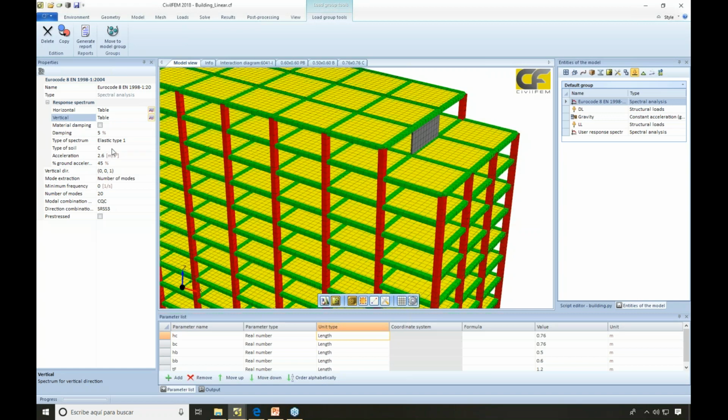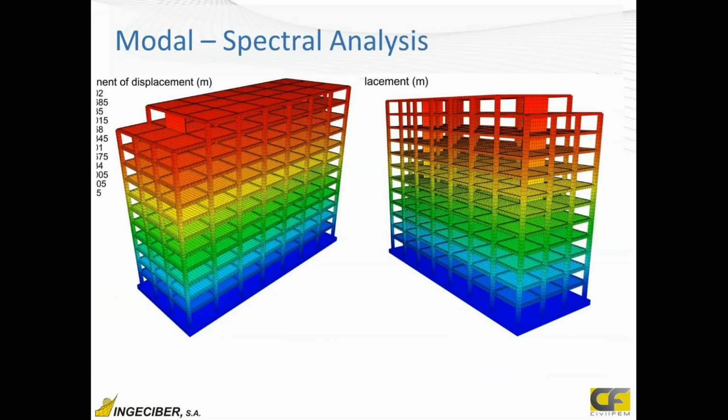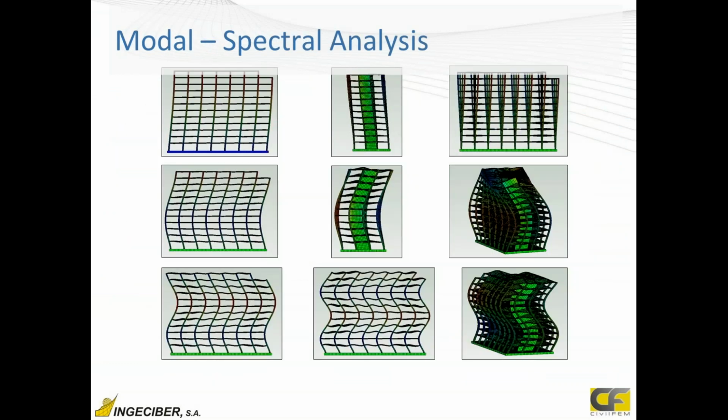We set the different parameters of the response spectrum, and we include here the number of modes and the type of modal combination. Well, this case was the CQC, and the direct combination method for different directions. We can pre-stress our structure as well if we want to, and later we go back.